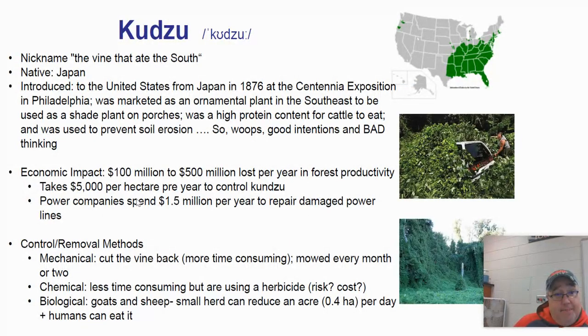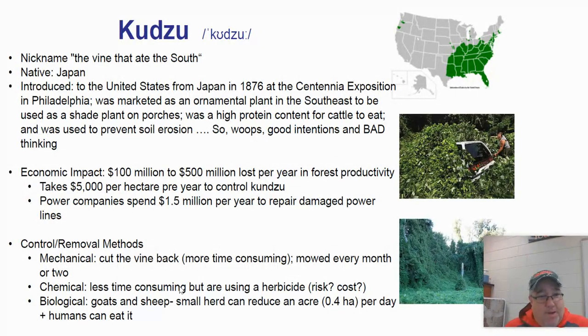It says here that $100 to $500 million worth of forest productivity, for example, lumber and things that we get from the forest, we lose a lot of money because this thing just takes over and kills and damages a lot of the plants that normally would grow in the forest. Power companies spend about $1.5 million per year just to repair damaged power lines because the kudzu vine actually grows over it. So that's a big issue.